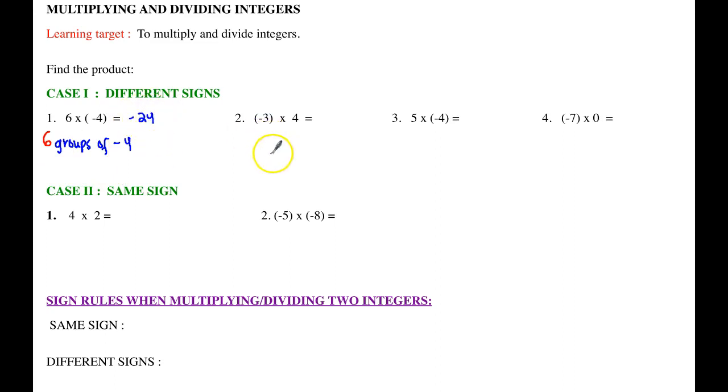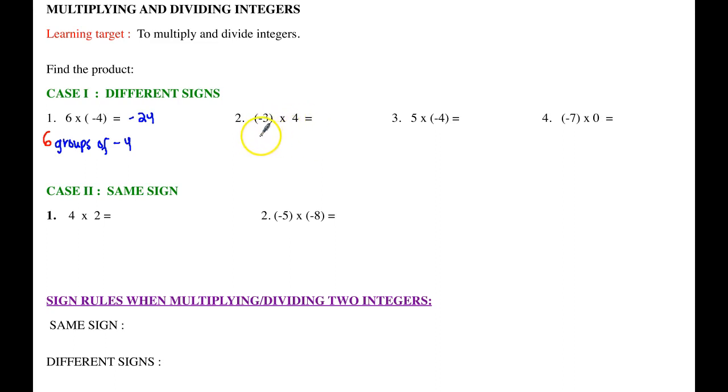Okay, the next one, negative 3 times 4. This one, we can't really apply the same strategy we used over here because you cannot have negative 3 groups. But we can switch these two by using the commutative property of multiplication.